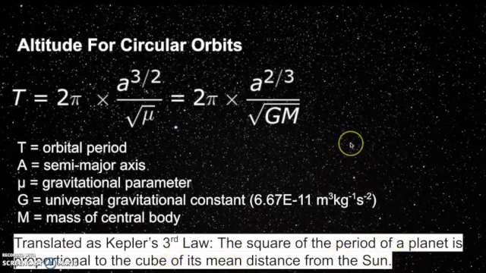So if we were calculating the altitude of Earth, we could take its mean distance from the sun and cube it, and our period, the time it takes us to get around the sun, 365 days, is proportional to that mean distance from the sun. So it's stating that there is a relationship between those things.